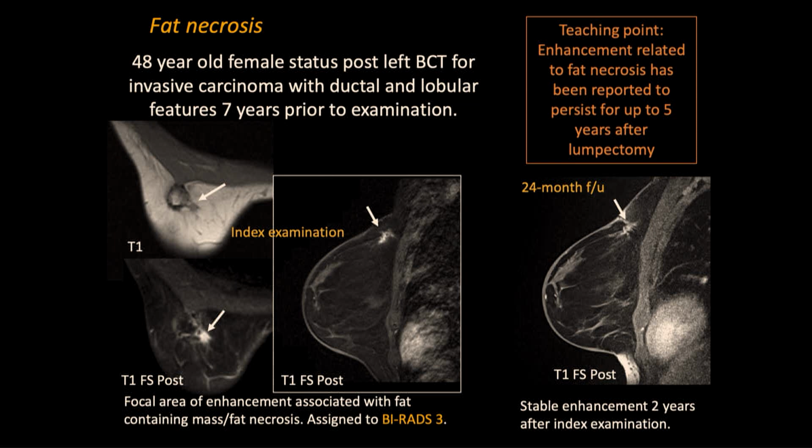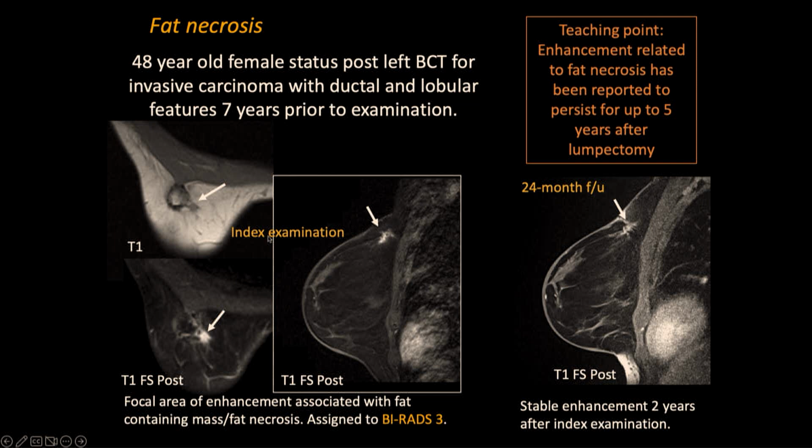And I really like looking at my T1 non-fat suppressed images in the lumpectomy bed to help determine, is it fat necrosis or is it not? So this is her index examination, and you can see here there's an area of enhancement, a focal homogeneous area of enhancement adjacent to the lumpectomy bed. And if you look closely on the T1 non-fat suppressed images, you can see that there's internal fat.